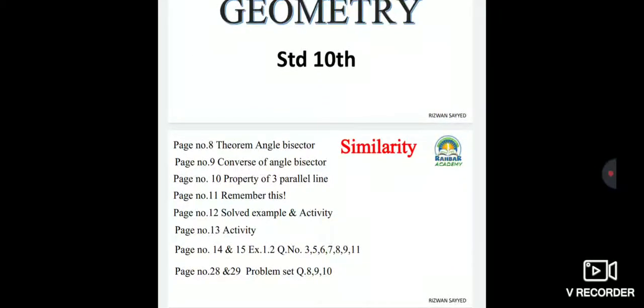So this is the reduced syllabus, that is geometry standard 10, and I told you I will send this PDF to our group. Then also solved examples and activity from page number 12 were cancelled.